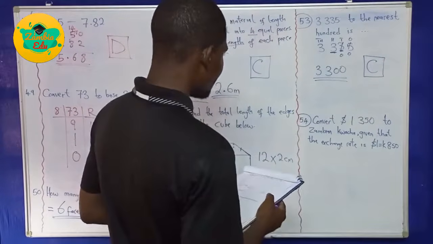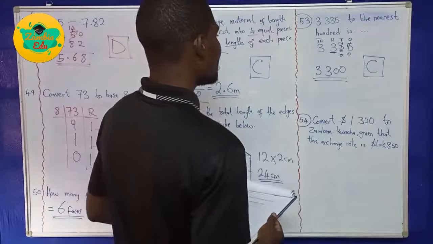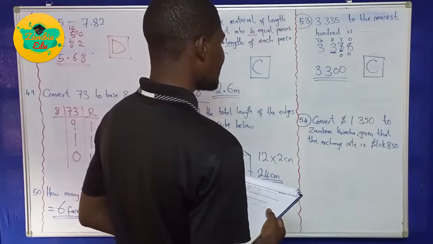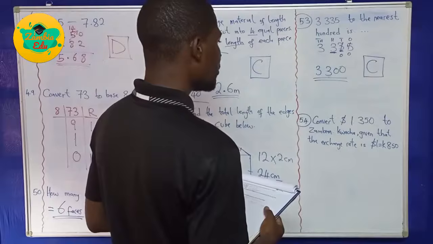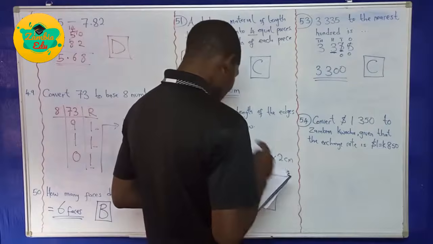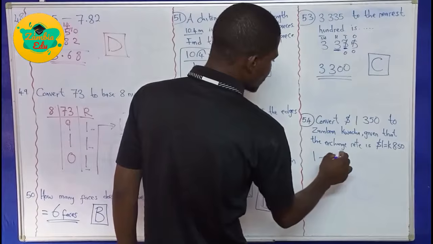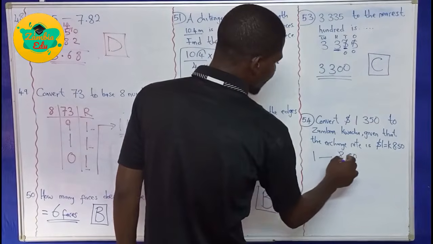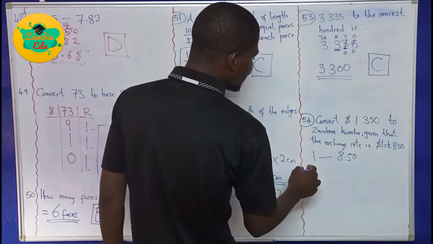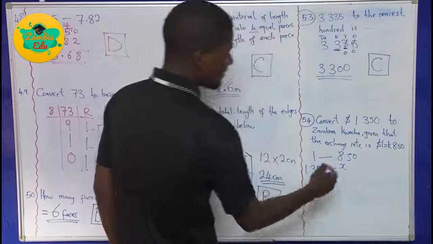We go to question 54. Question 54 says, convert $1,350 to Zambian kwacha, given that the exchange rate is $1 to 8 kwacha 50 ngwe. So for us to be able to calculate that one, they've told us that $1 is equal to 8 kwacha 50 ngwe. And therefore, they want us to know how much $1,350 would be in Zambian kwacha.